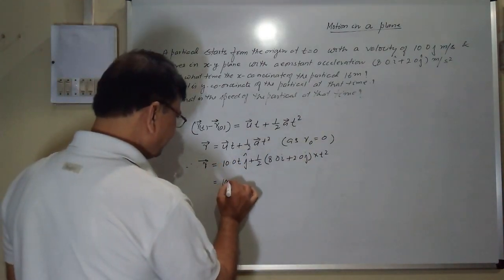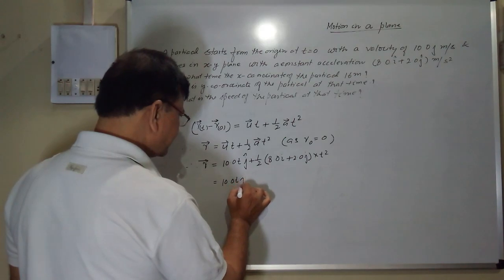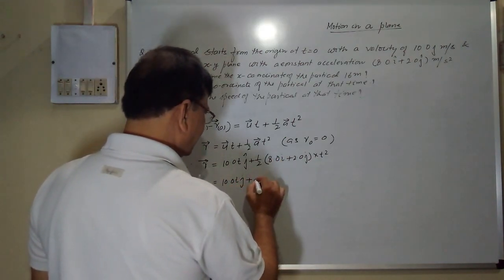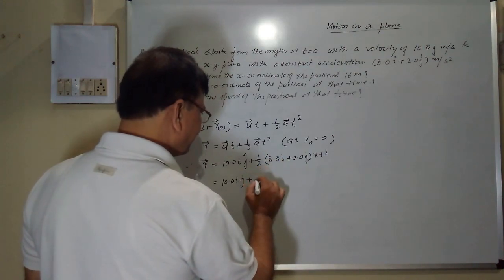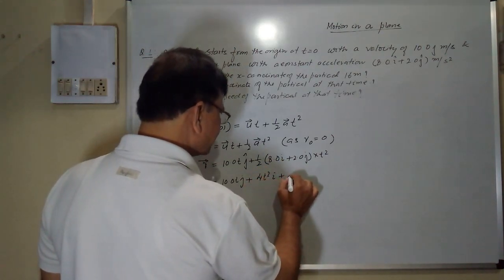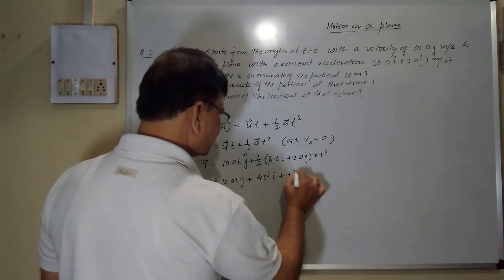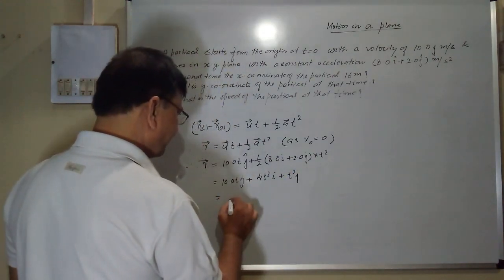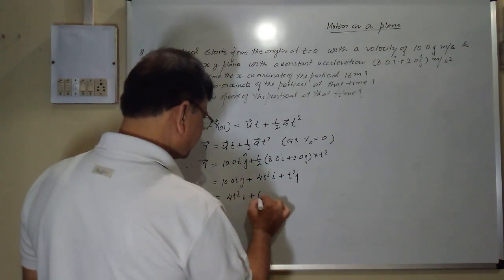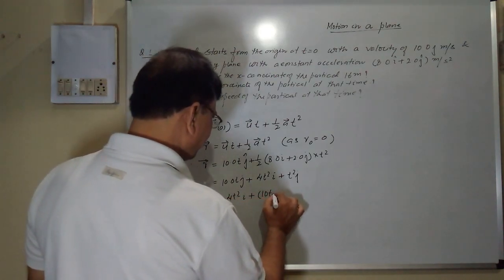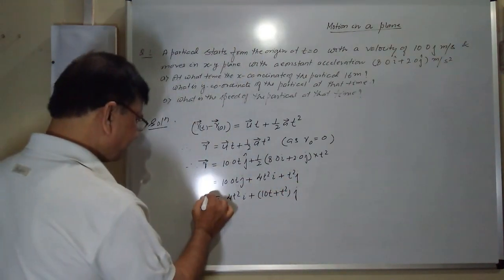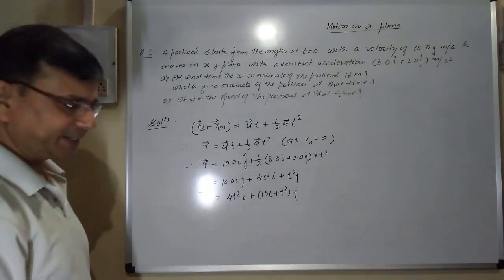So 10.0 tj plus, if you multiply by half, you will get 4t square i plus t square j, or 4t square i plus 10t plus t square j, that is the vector r, the displacement.